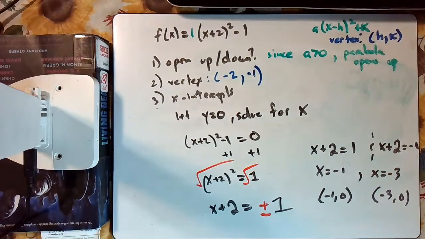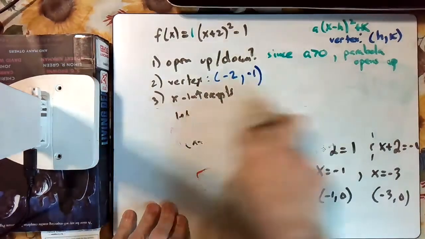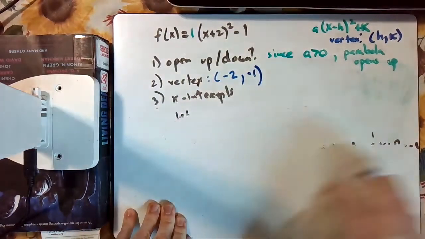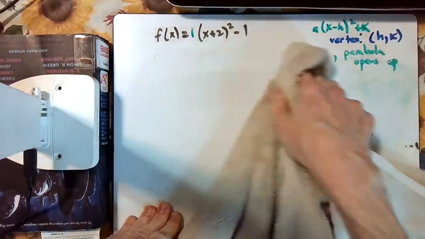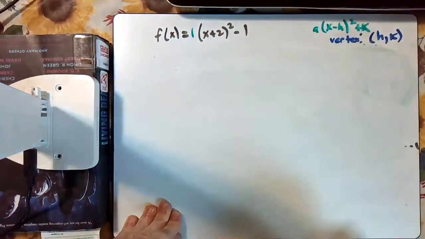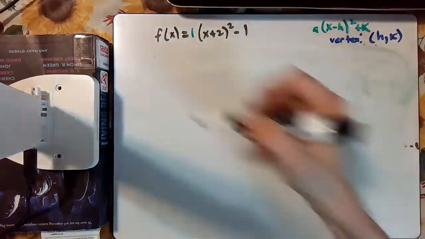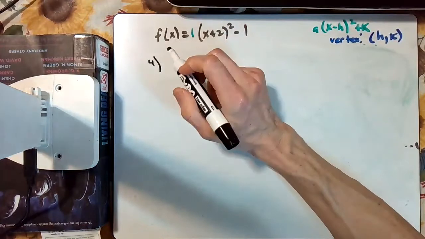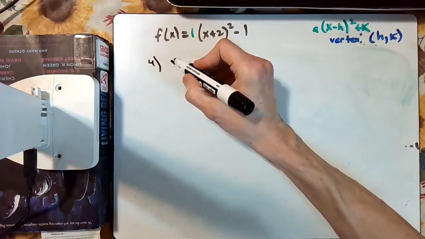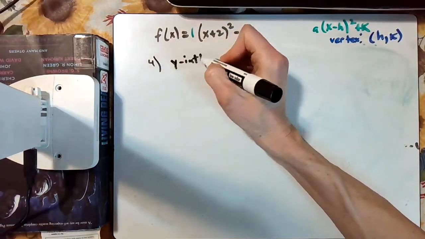So now we have the x-intercepts. Let's find the y-intercept, right? Because that was the fourth step. Now remember, for the x-intercepts, we let y be 0. The y-intercept is the reverse, right?